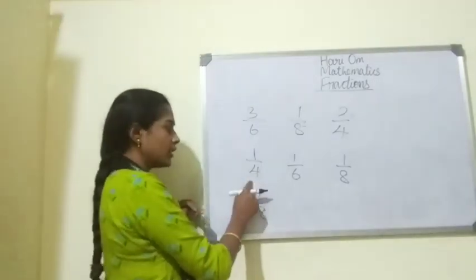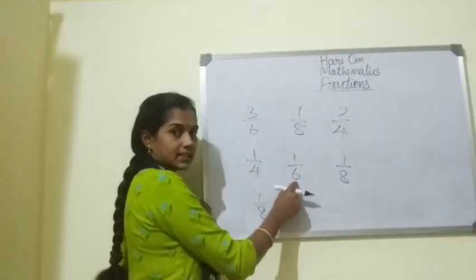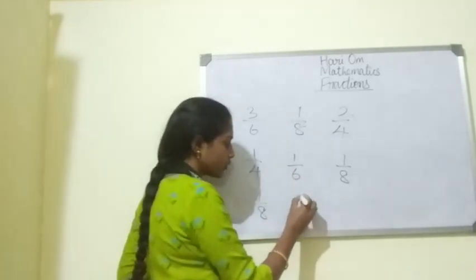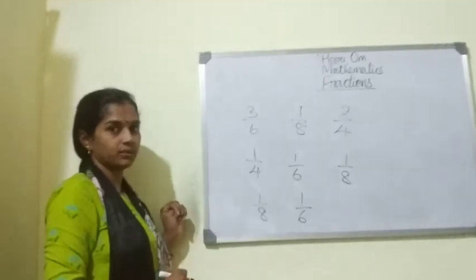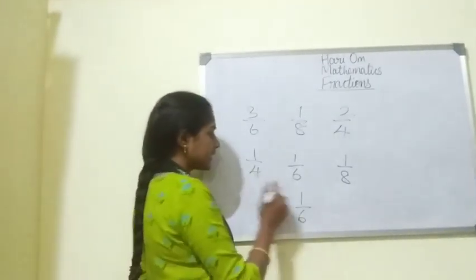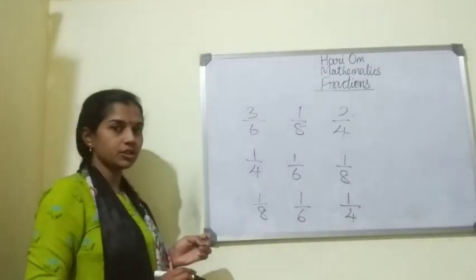Then we have 1 by 4 and 1 by 6. So 1 by 6 has the greater denominator, so it is the next smallest fraction, and the greatest fraction will be 1 by 4. Understood, children?